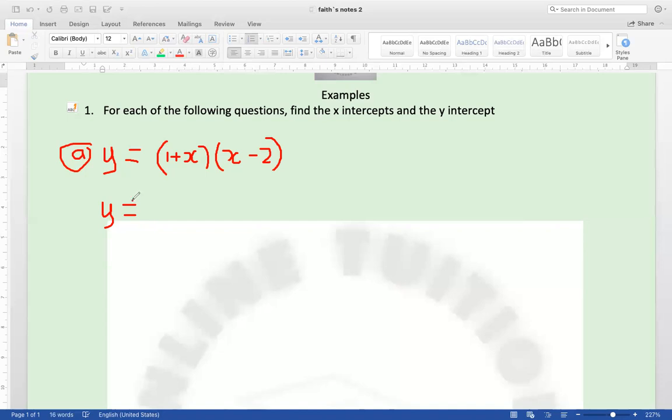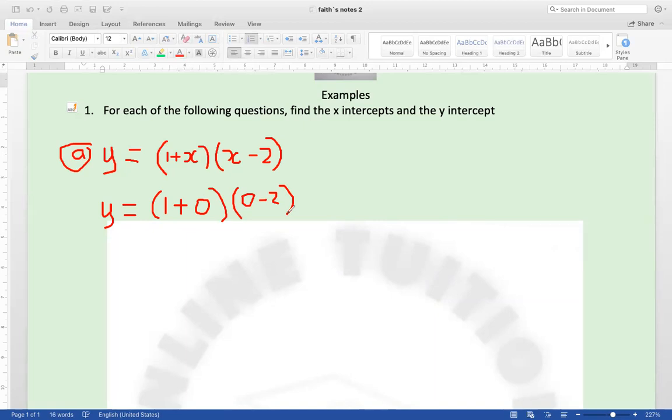So for the y-intercept, we are going to get our very equation, which is y is equal to, now here, along the y-axis, remember the y-intercept lies on the y-axis. So along the y-axis, the value of x here is 0. Again here, the value of x is 0. Minus 2. Remember, this question is not expanded for us to have a standard equation.